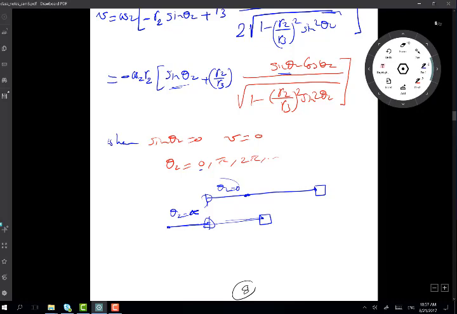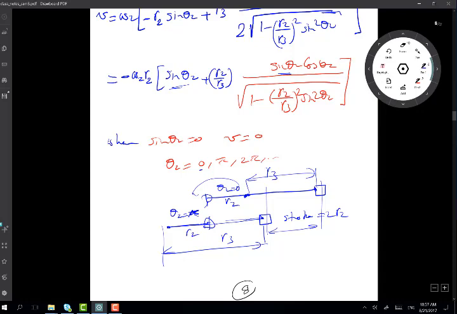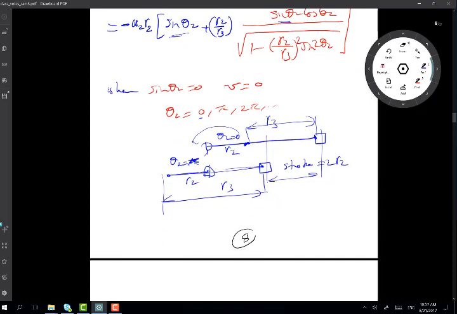So the crank has rotated to the other end, and the distance is, if you like, the stroke, which is equal to 2r2. This distance here is r2, this distance is r2, this distance is r3, and this distance here is r3. So you can get stationary positions from the velocity equations. I'm just repeating what I said earlier.